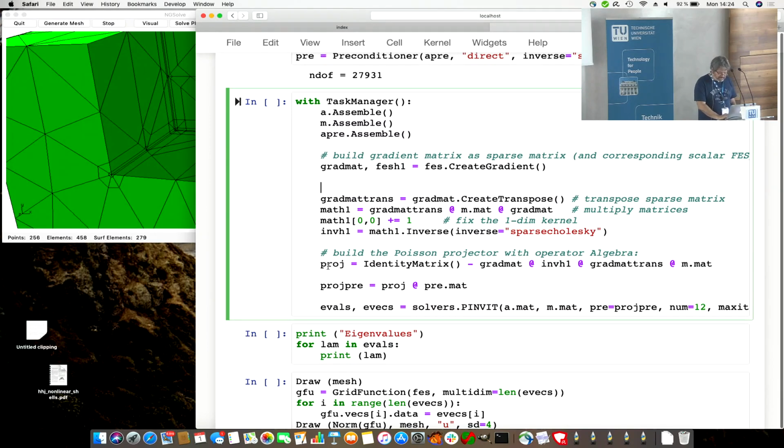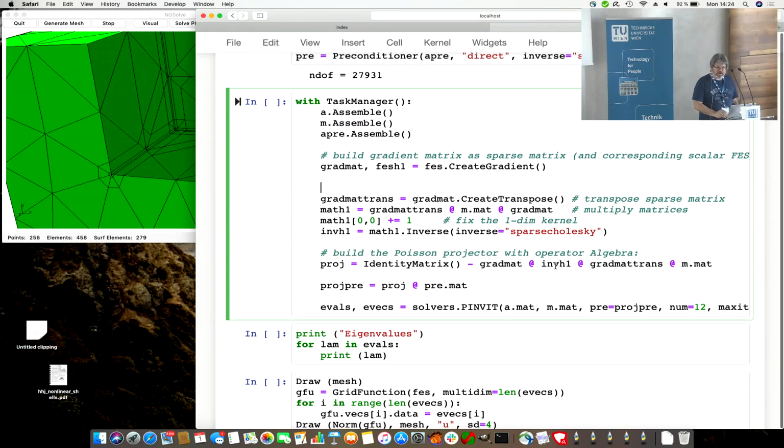So the projection here is the identity minus the gradient matrix times the Poisson inverse times the transpose gradient, and we need the mass matrix here. So this is a Python matrix multiplication operator. The meaning in NGSolve is that it does operator combination. So it first applies this matrix and then it applies the second matrix.